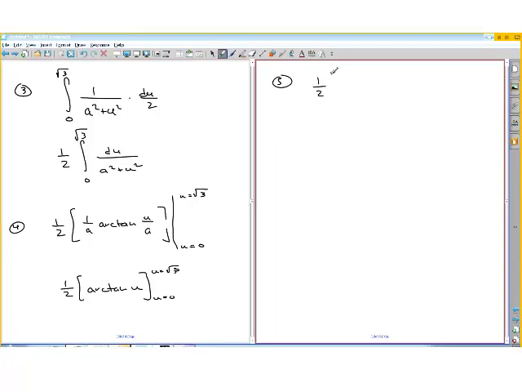So we get 1/2 the arc tangent of the square root of 3 minus the arc tangent of 0. So you can just plug that in your calculator. In calculator terminology, we'd use the inverse tangent function.